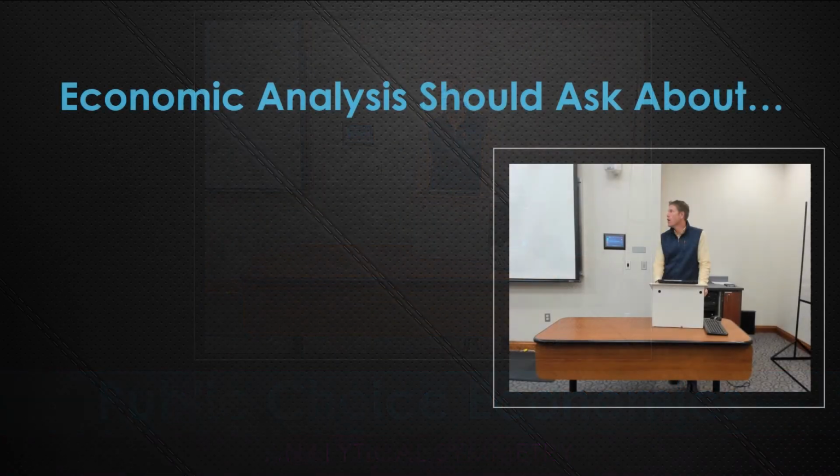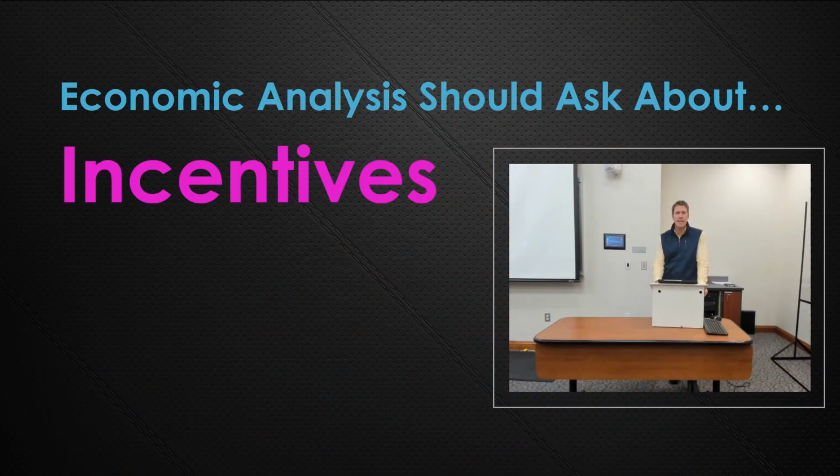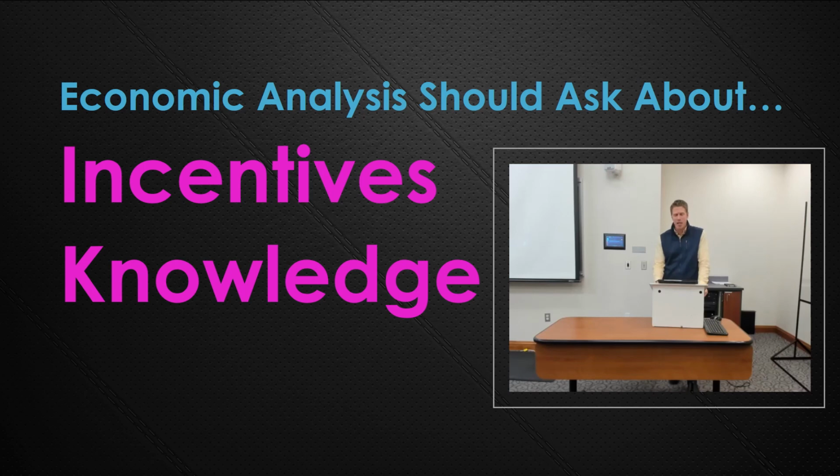Well, what incentives exist in this situation? What incentives do the various parties face at each decision node? What knowledge do they have at each decision node? Like, where is the knowledge coming from? Is it coming from one individual? Is it coming from multiple individuals? Where is the knowledge coming from?